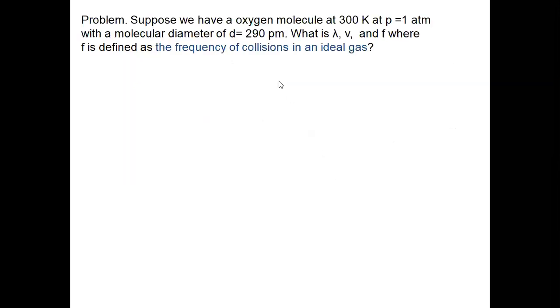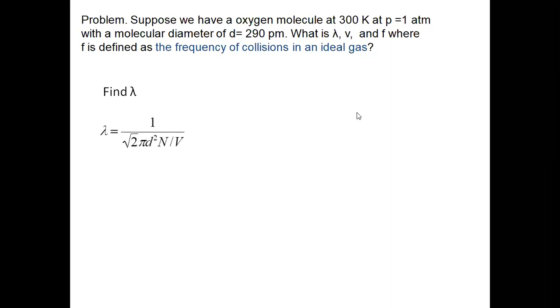Another example: suppose we have an oxygen molecule at 300 Kelvin at a given pressure, with a molecule diameter of 290 picometers. What is lambda, what is v, and the frequency, where frequency is defined as the frequency of collision in an ideal gas?